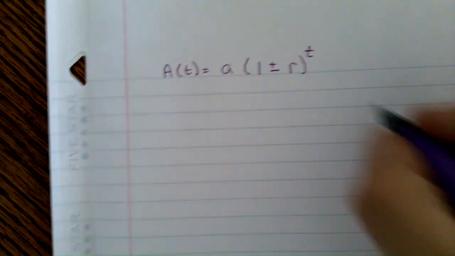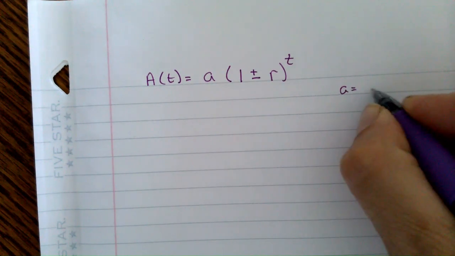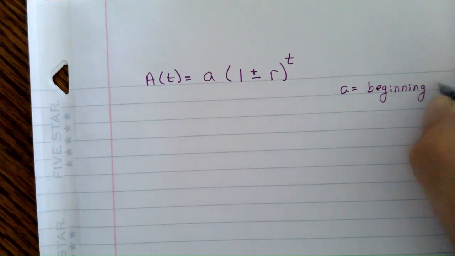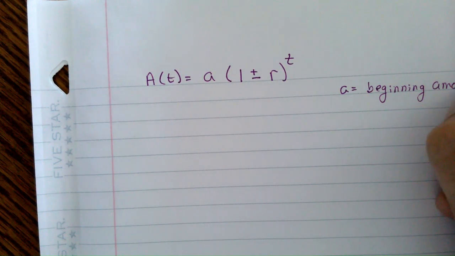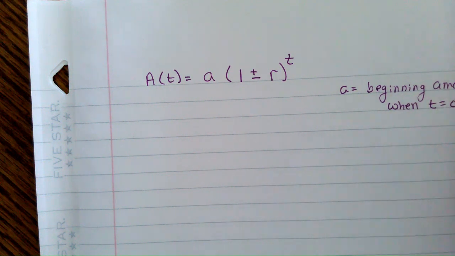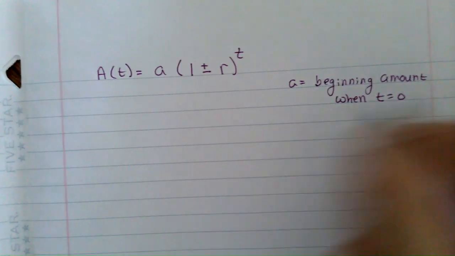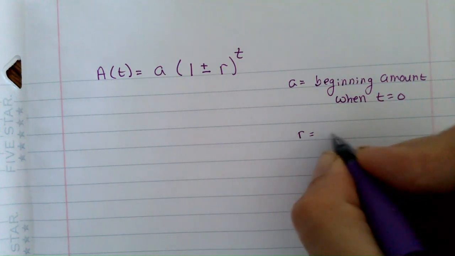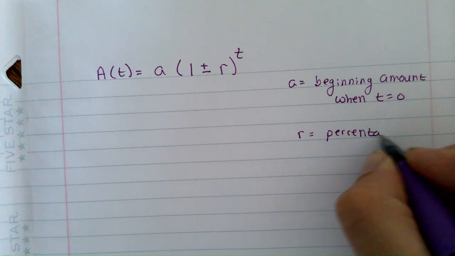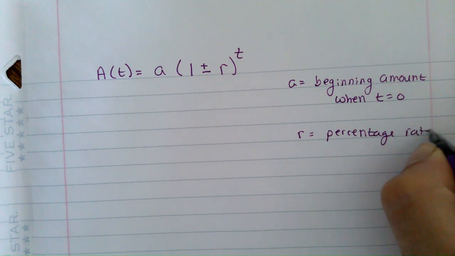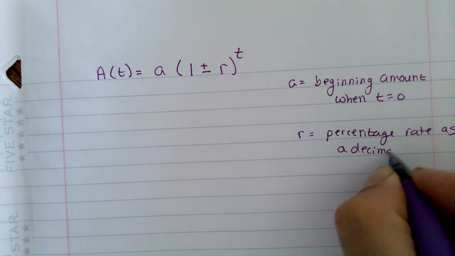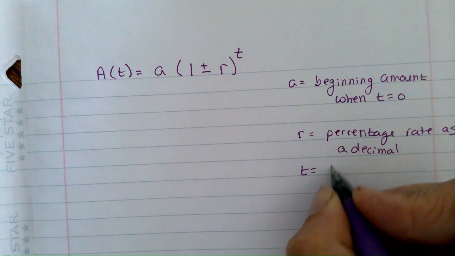And A will be your beginning amount when t equals 0. R is a percentage that you rewrite as a decimal. And T is going to stand for time.